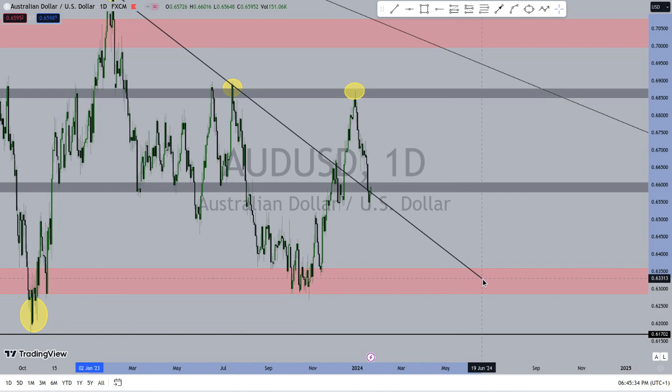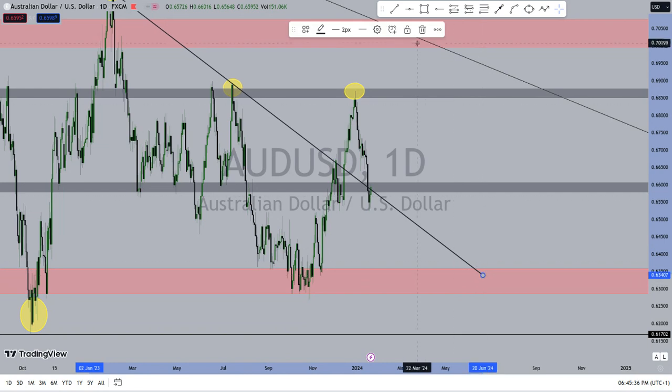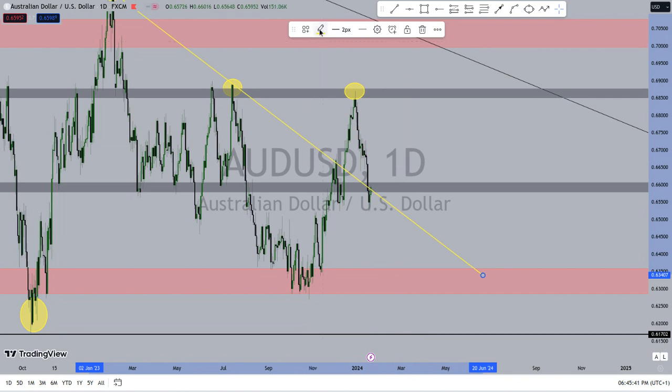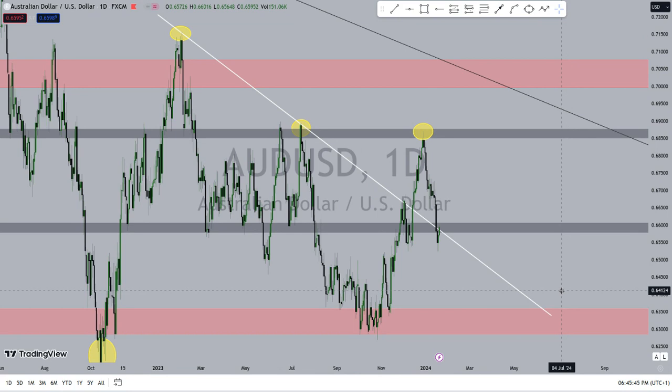Let's go ahead and change this to white. So we are not sure what next is going to happen on AUD USD, because of this move.